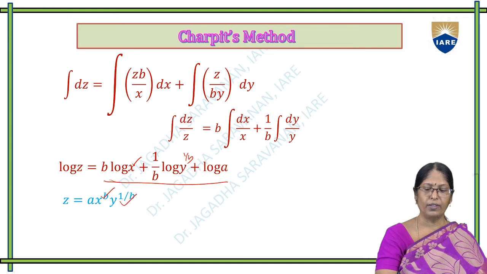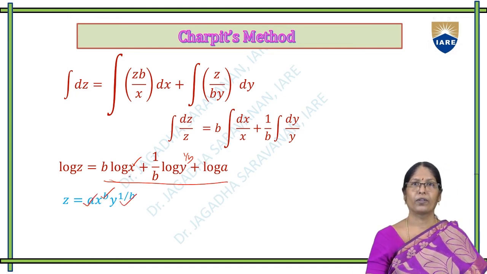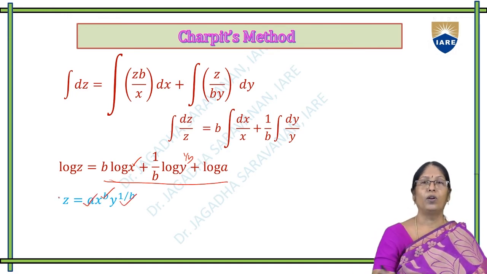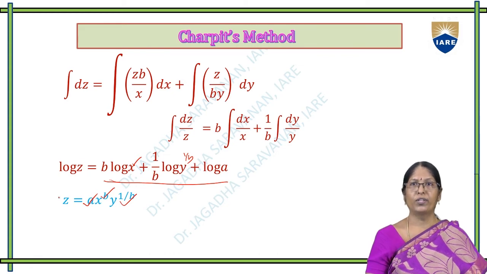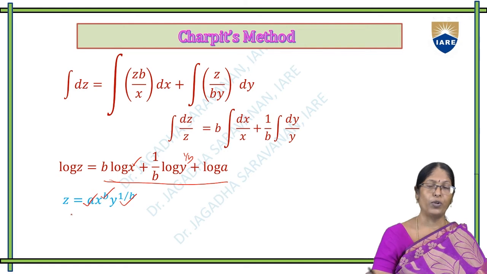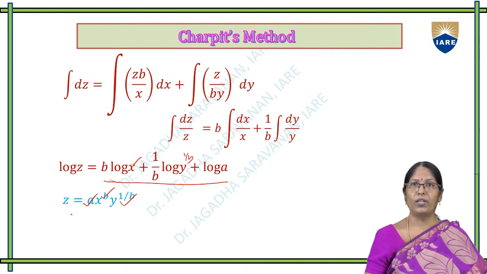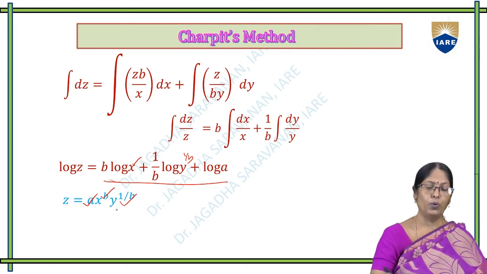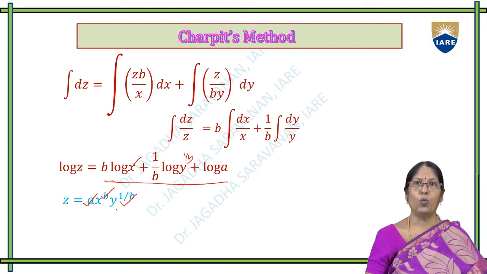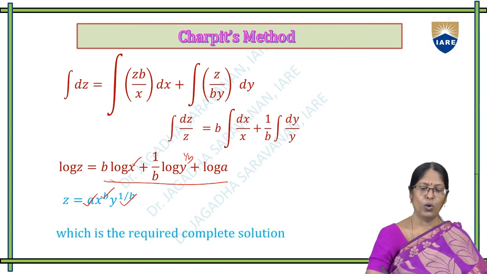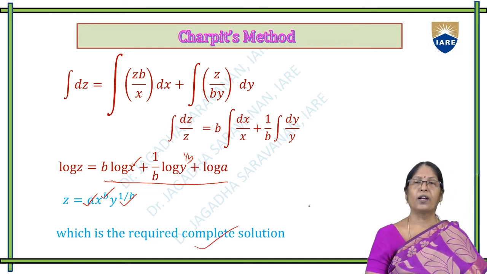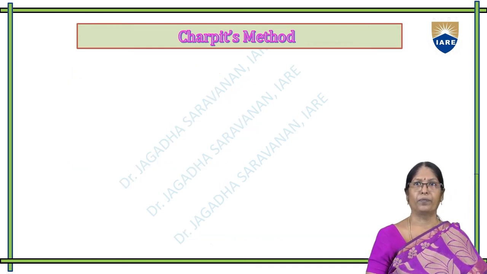It is written, this is a, equal to log z. Both sides log is getting cancelled. Finally, we got z equal to a into x power b y power 1 by b, which is the required complete solution.